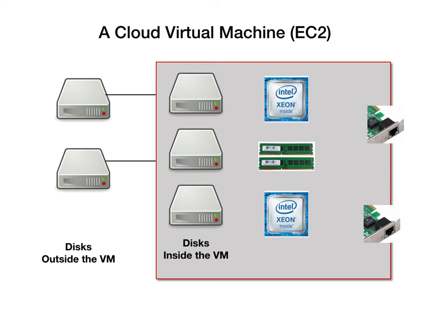So this machine having two CPUs, the physical machine that this virtual machine sits on could have 100 CPUs, but that's not really our concern. The virtual machine that we got has two CPUs, some RAM, two network cards, three internal disks, and two external disks. And the thing to understand here is the CPUs are available to this machine.